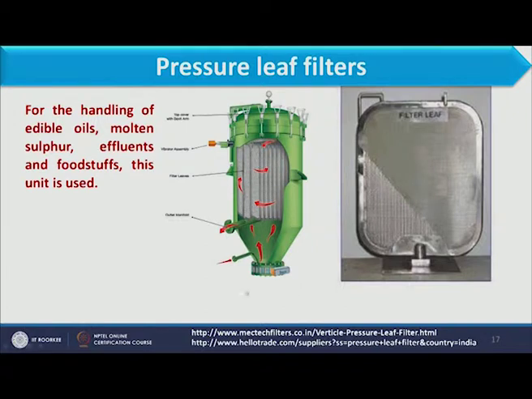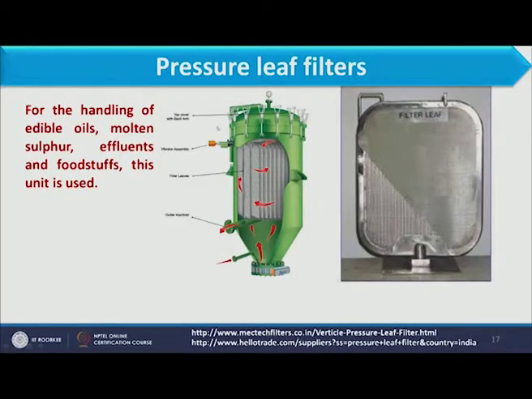Now what happens? Feed enters from the bottom and it passes through these leaves. So if we have this particular leaf, feed enters from both sides, you see. After continuous operation, when feed enters from both sides, cake formation is carried out at both surfaces of the leaf, and then the filtrate will be collected in between the leaf.